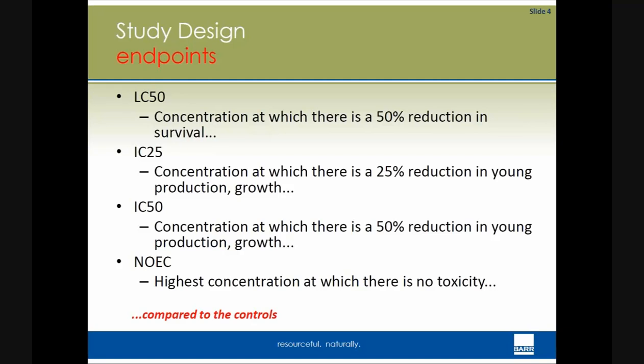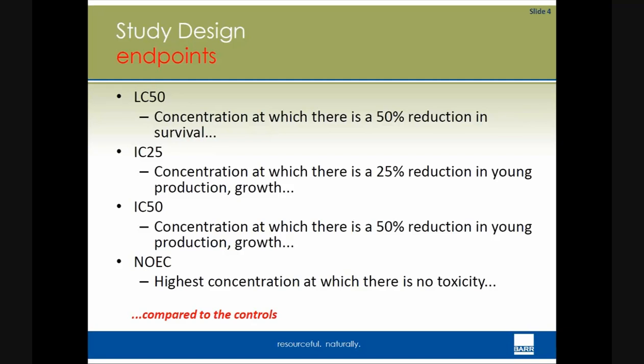The LC50 is typically used for the acute study, the 48-hour to 96-hour tests. That is the concentration of the product at which there's a 50% reduction in survival in the test. IC25, which is used for the chronic testing, is typically identified as the concentration at which there's a 25% reduction in young production, which is for Ceriodaphnia dubia, or growth, which is for fathead minnows.